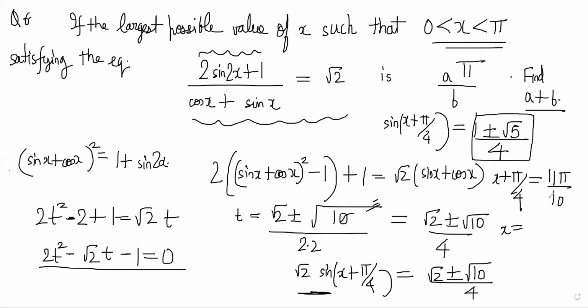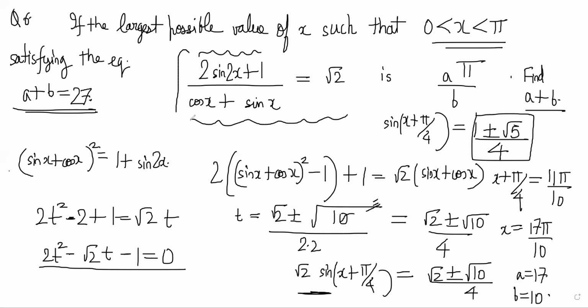So 22 minus 5, that is 17 pi by 10, right? So a is 17 and b is 10 for us. Your a plus b comes out to be 27. We're rejecting the minus value for obvious reasons.